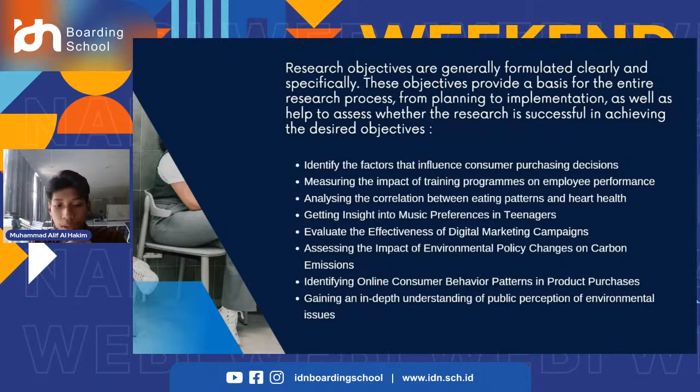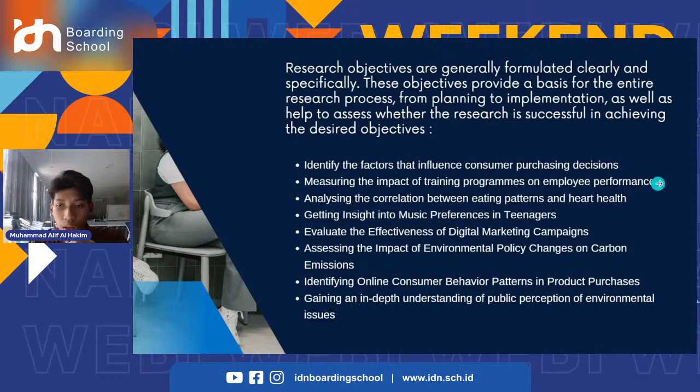Five, evaluate the effectiveness of digital marketing campaigns. And six, assessing the impact of environmental policy change on carbon emission. Seven, identify online consumer behavior patterns in product purchase. And the last, gaining an in-depth understanding of public perception of environmental issues.